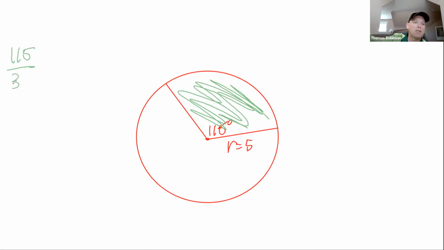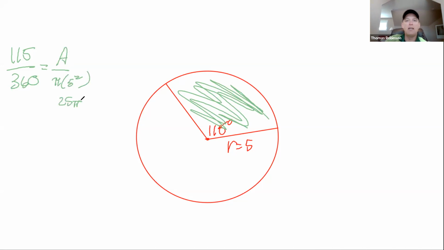115 over 360. Remember, you have your sheet of notes here that tells you exactly how to set this up. 115 over 360 equals area, put whatever letter you want in there, over pi times r squared. So this is going to be 25 pi.